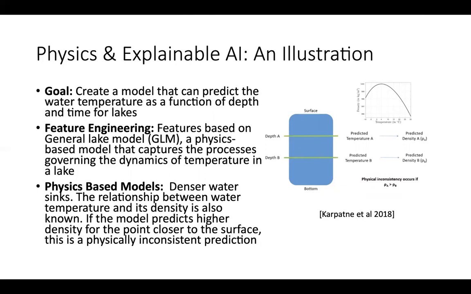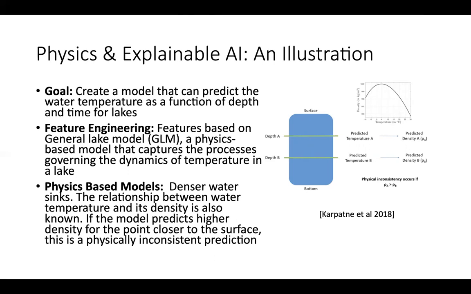It captures the physical processes by capturing certain relationships, like, let's say, it's known that denser water sinks, which corresponds to the relationship between water temperature and density. And so say if the model predicts a higher density for a point closer to the surface, then that's physically inconsistent.